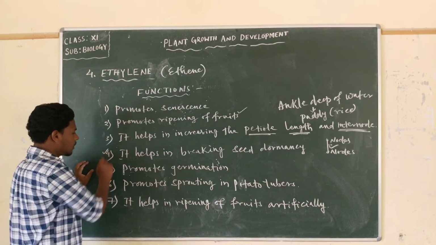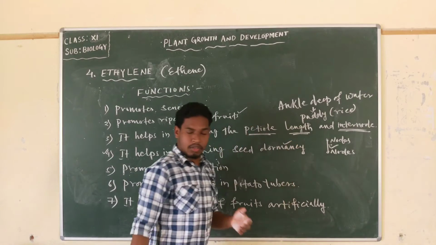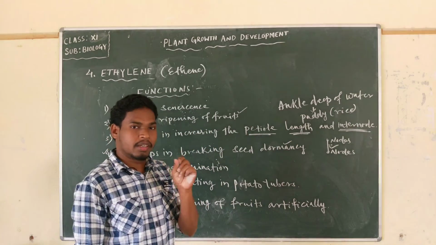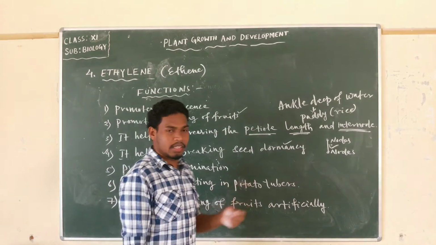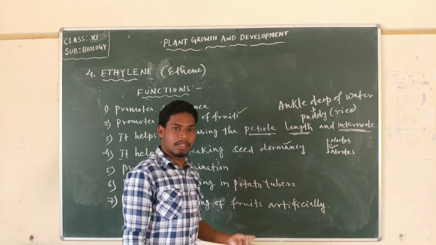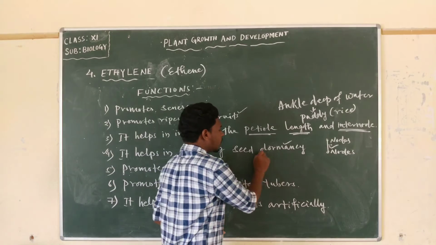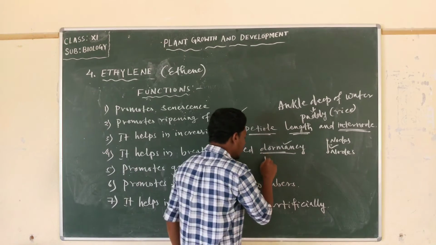The next function is that it helps in breaking seed dormancy. We know that dormancy is a period where the seed becomes inactive. Even though there are favorable conditions, it may not germinate.